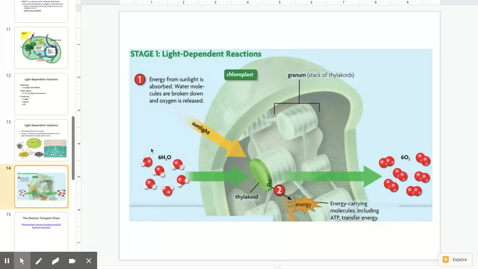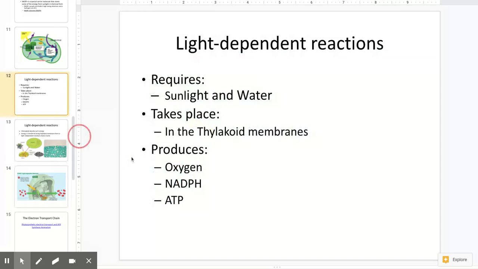So here we go. In our light-dependent reactions, we have sunlight coming in, water coming in to our thylakoid disc. And what is released as a byproduct is that oxygen. And then here is our energy burst. And our energy burst is really referring back to our NADPH and ATP molecules.